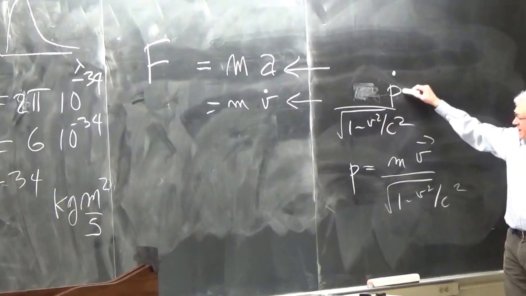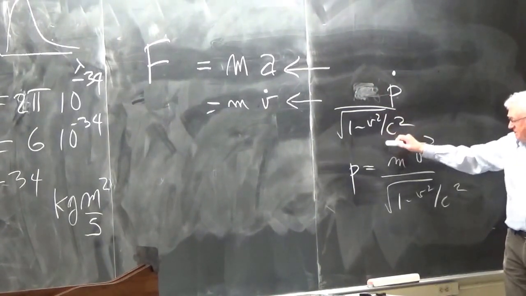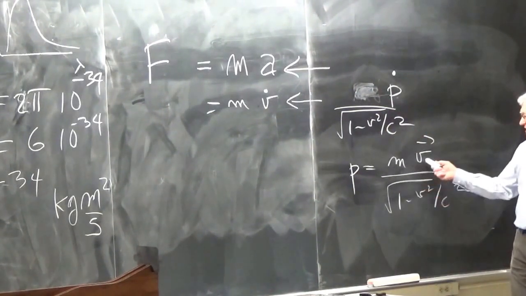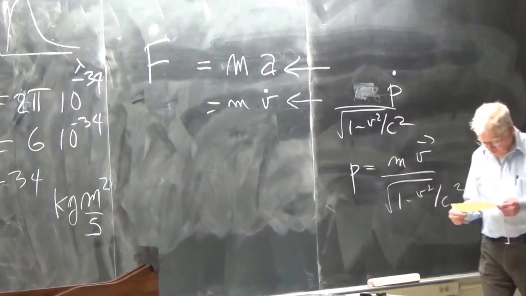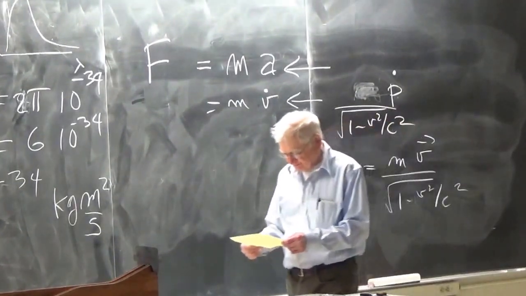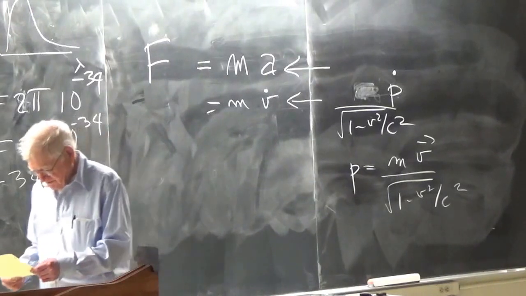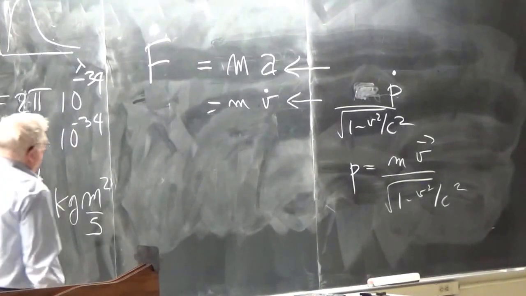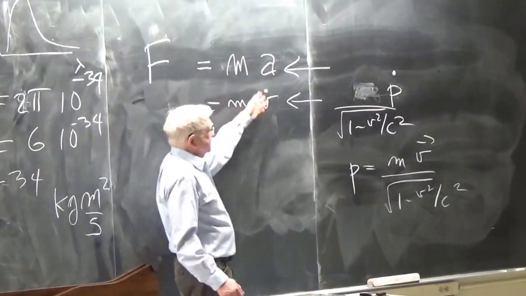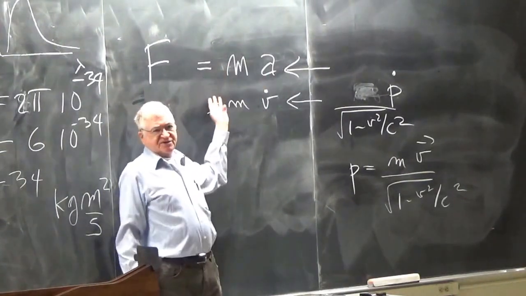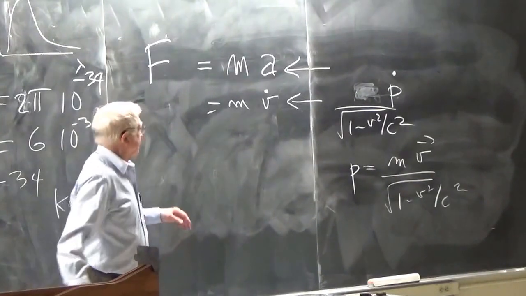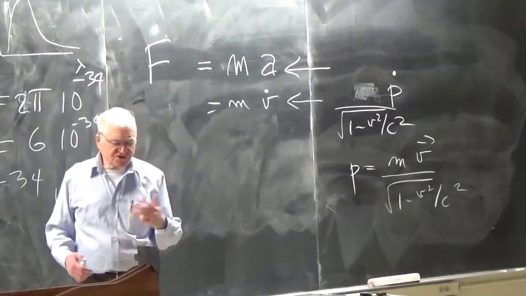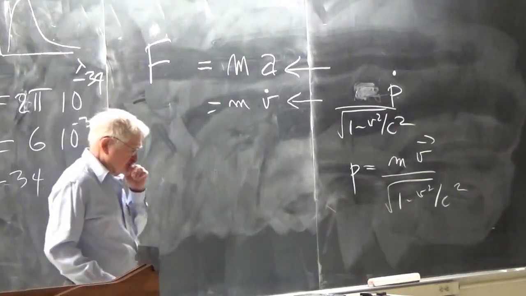So it's the rate of change of momentum times this factor, and the momentum itself is mv over the square root of 1 minus v squared over c squared. Okay, but at low speeds, for ordinary situations, for most uses of the term force, we can use Newton's expression, which is just mass times acceleration.